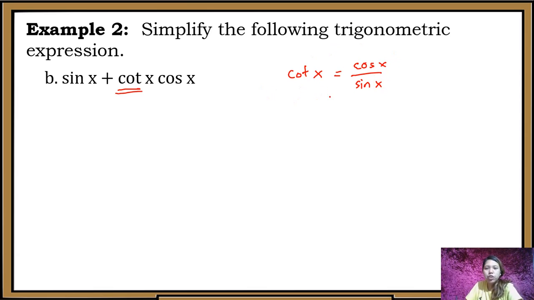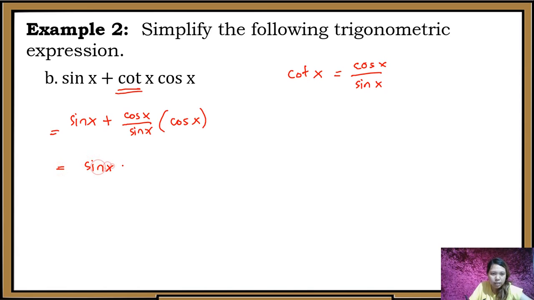By trigonometric identities, you can go back to the set of trigonometric identities in the previous slides. So we have here sine x, cotangent x is cos x over sine x times cos x. Actually, this is just the same thing as letter A. So, sine x plus cos squared x over sine x.